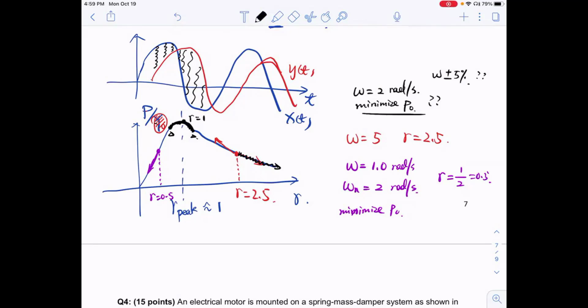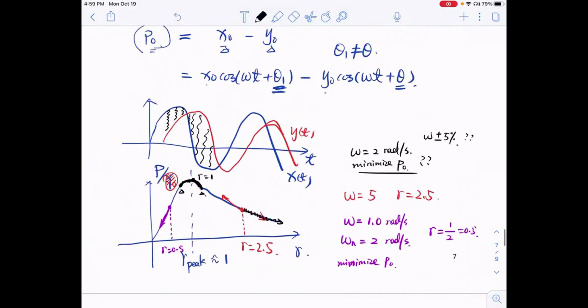For example, if you want to design a car or design a machine, you have the freedom to change the excitation frequency. For example, you have the freedom to choose how fast the motor rotates, then you can choose the motor speed based on this Bode plot.